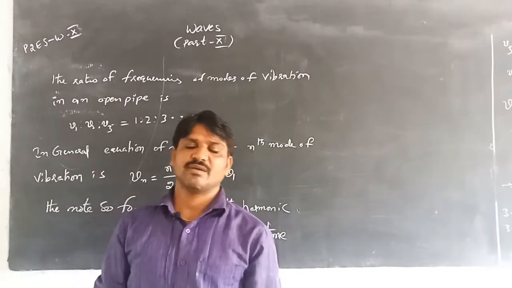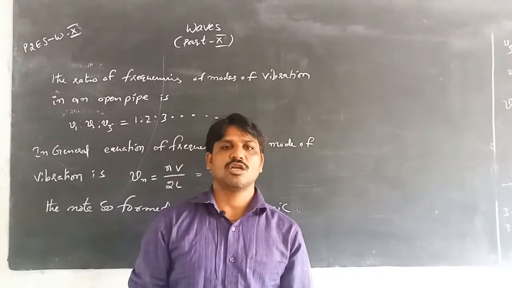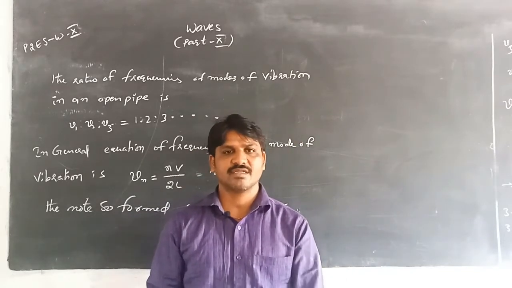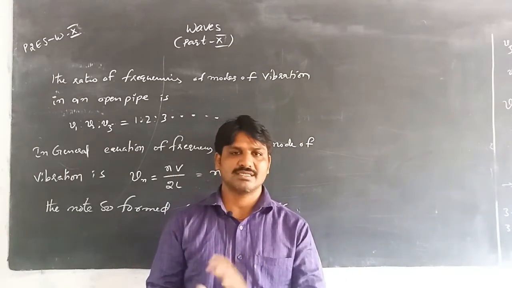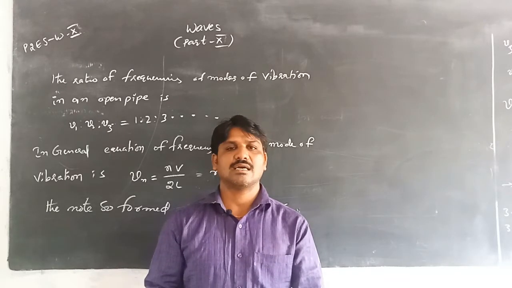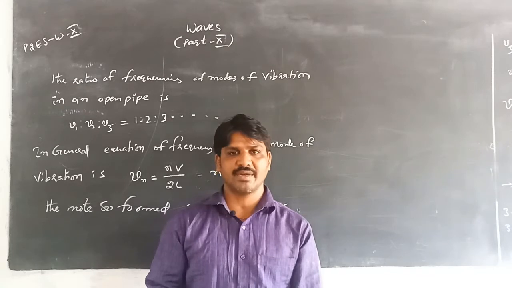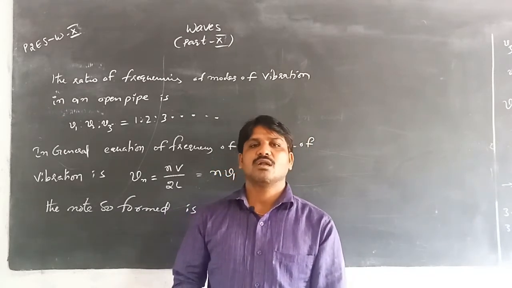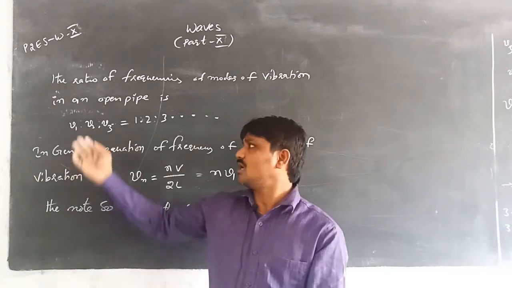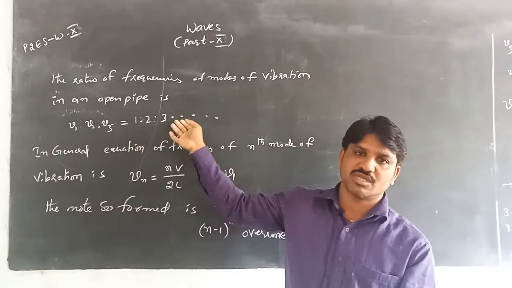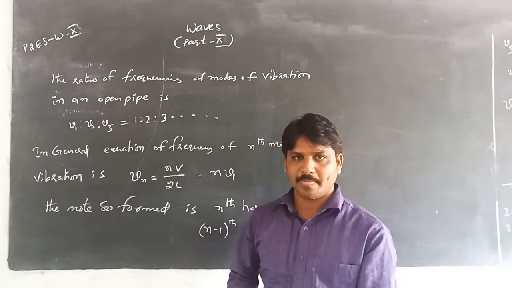So, modes of vibration of air columns in an open pipe: the frequencies are the fundamental frequency, first harmonic or second harmonic, first overtone, or third harmonic. The ratio of frequencies of normal modes of vibration is nu1 is to nu2 is to nu3 equal to 1 is to 2 is to 3 in the open pipe.